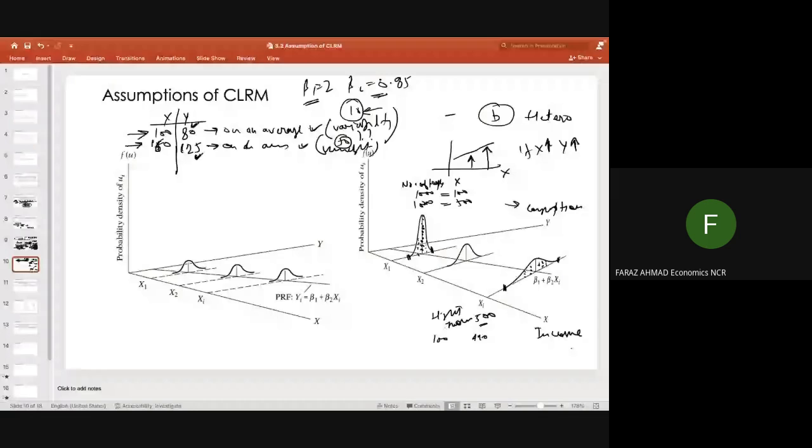If variability is 50 in this case, then we would not be that sure of this result as compared to the earlier one, because there is a lot of variability. In this class of people with an income of 160, there can be people having a consumption of 80 also, or 140 also, because there is a lot of variability here. 50 is the variability in this group, right?